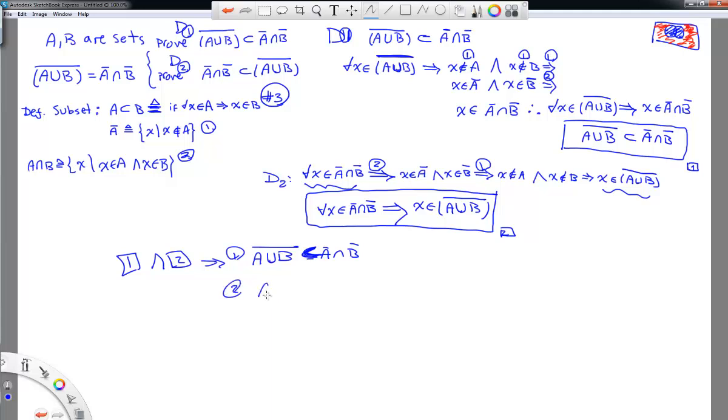Proof number 2 says that the intersection of their complements, so A complement intersect B complement, is a subset of the complement of the union. That's proof number 2. And these two prove that A union B complement is equal to A complement intersect B complement.